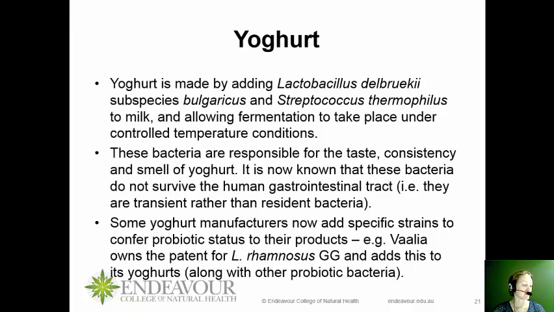What's important to know is that the bacteria used to ferment the milk doesn't survive the GIT tract, so they're considered transient rather than resident bacteria. So a lot of yogurt manufacturers these days are adding specific strains of bacteria that give a probiotic status, and we'll talk a little bit about probiotic status later.